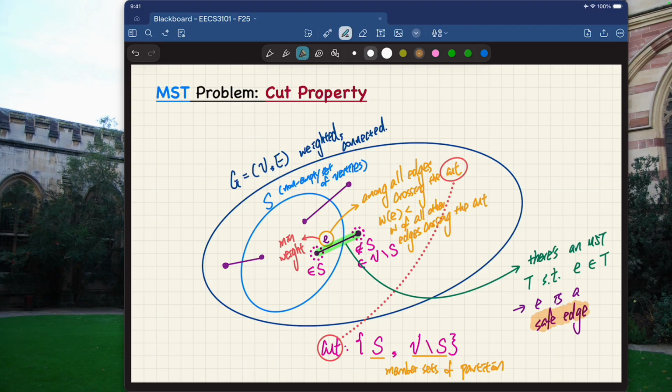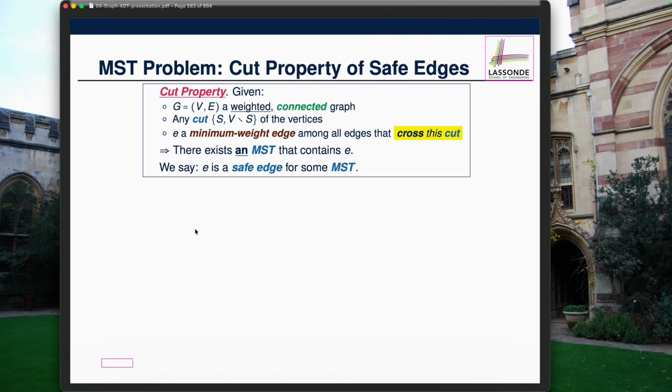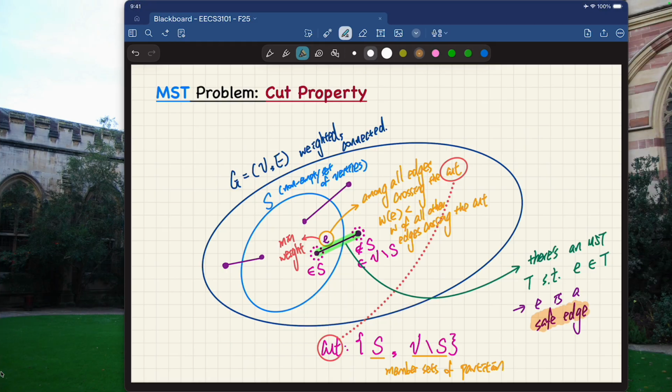You say that it's a safe edge for some minimum spanning tree. So now how? Well, that's the cut property. Of course you're going to revisit the visualization and also try to understand the written definition. But let's see why this cut property is crucial for Kruskal's algorithm.